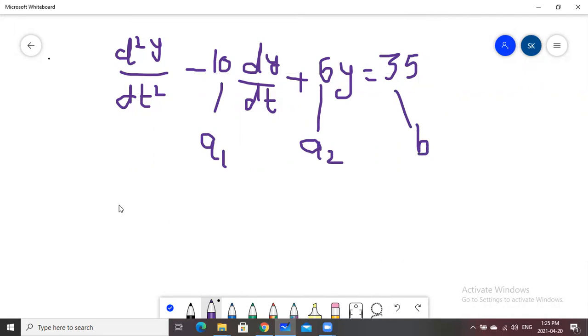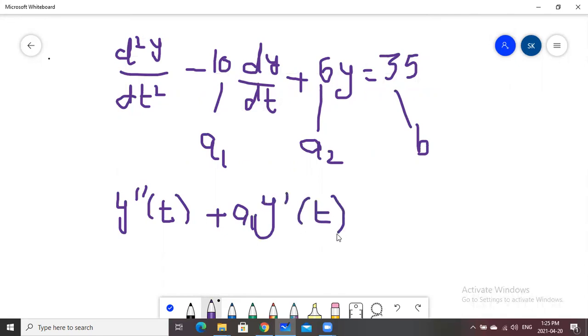Now again we can write this equation in a more simplified form, that is, it will become y double prime of t plus a1 into y prime of t plus a2y is equal to b.